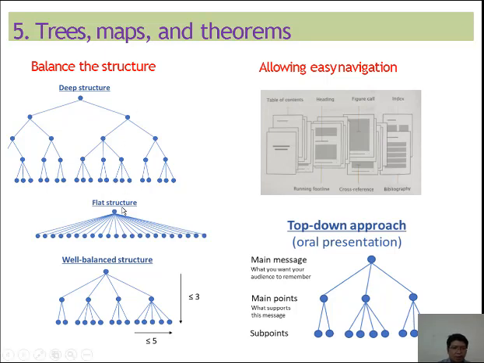Or we have flat structures, with just one layer but many components. Or we have well-balanced structures, with a maximum of 3 tiers, and each tier has a maximum of 5 connections to one node. The last one is the one I usually recommend.